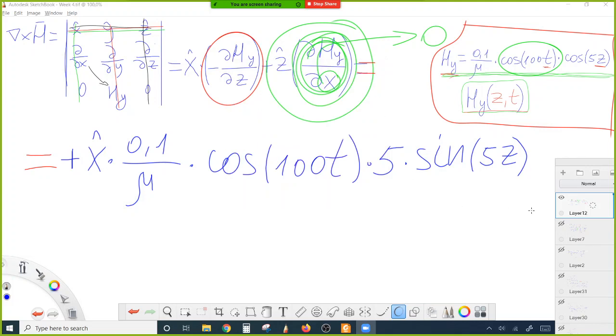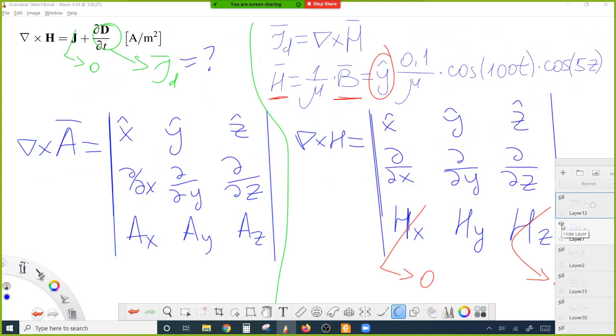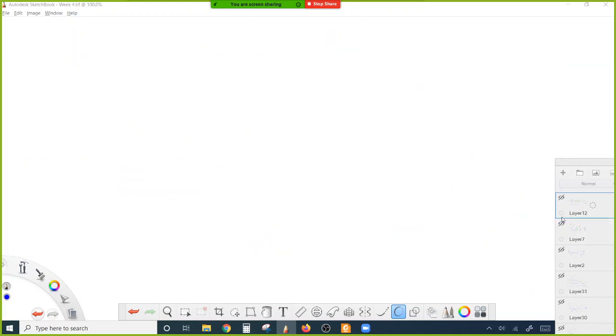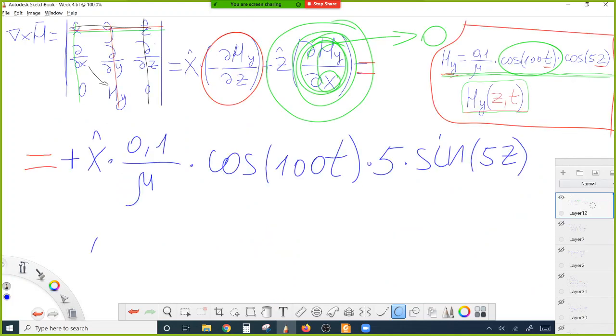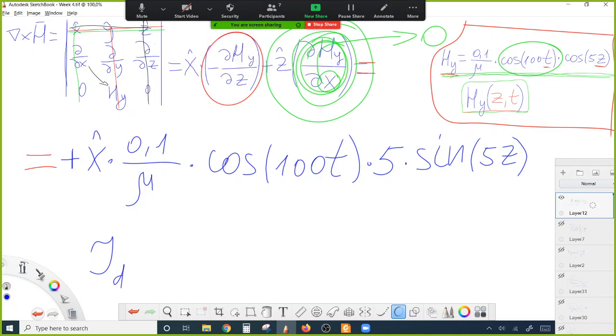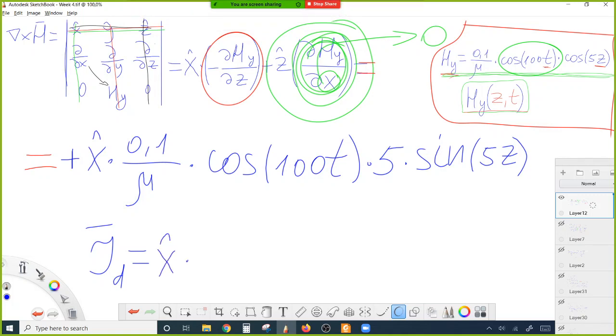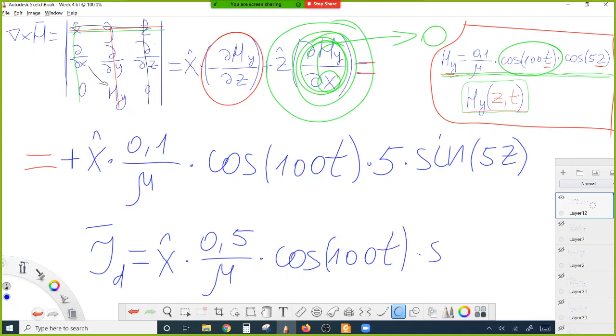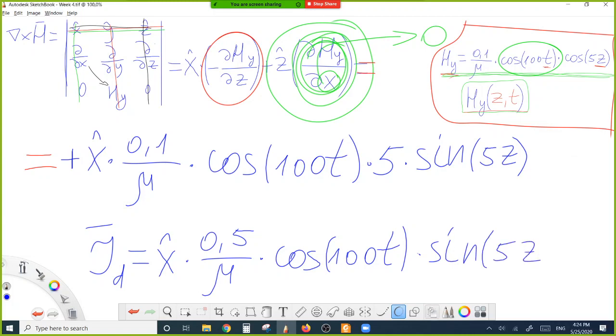Okay, and we said here that JD is equal to the rotor of H. JD is equal to x multiplied by 5 multiplied by 0.1, 0.5 over mu multiplied by cosine 100t multiplied by sine 5z.